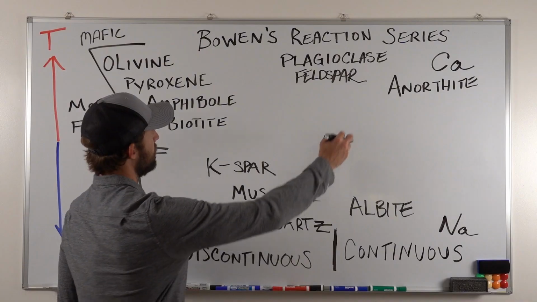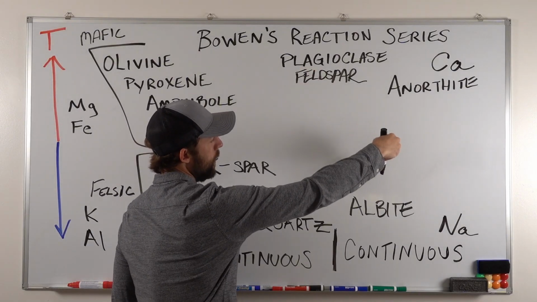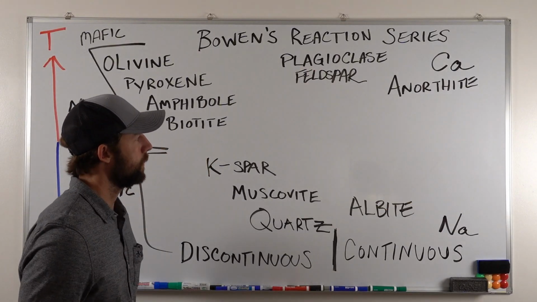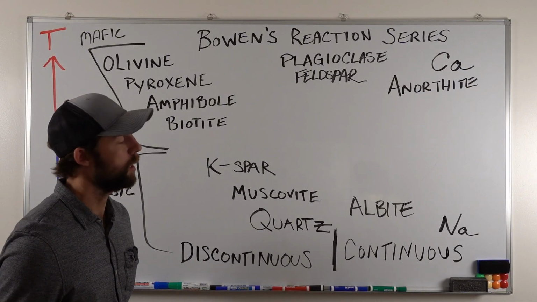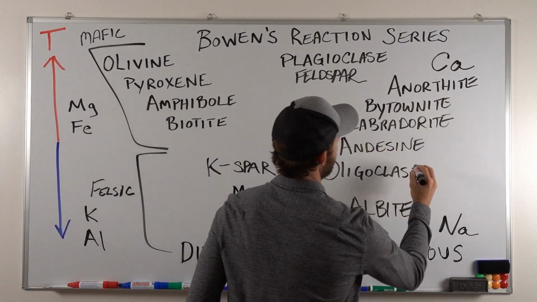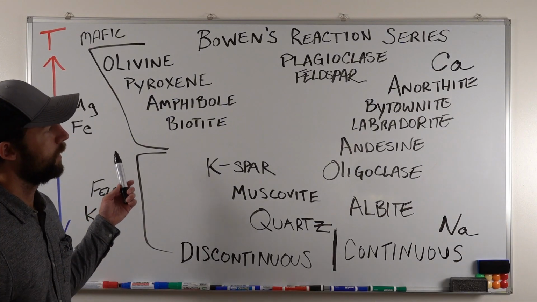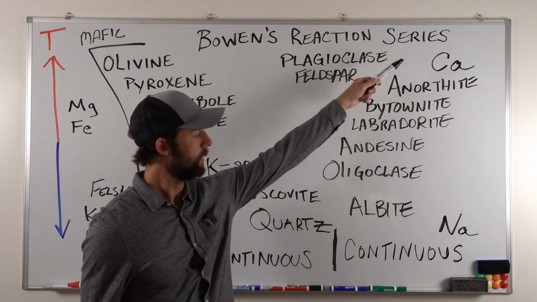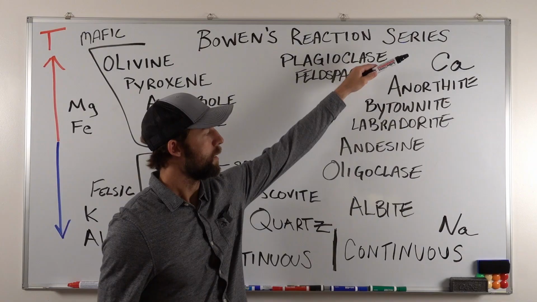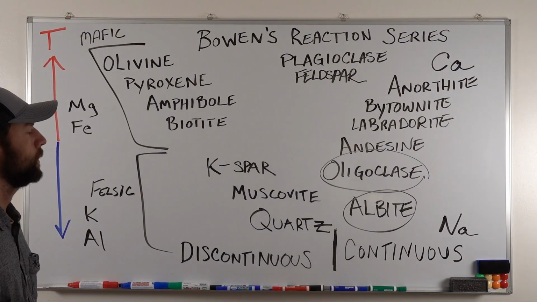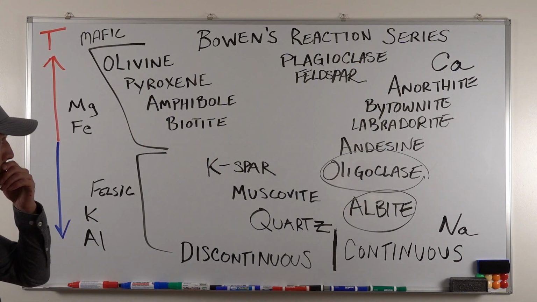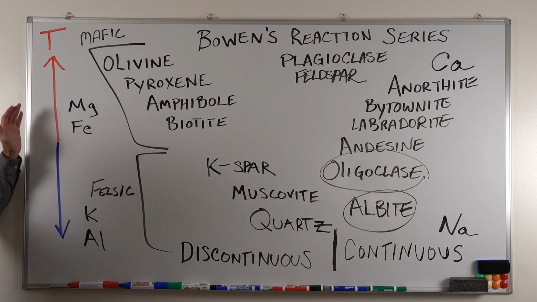There's a bunch of plagioclase feldspars in between here. I'll write them. You don't have to memorize them. There's this whole spectrum ranging from calcium rich to sodium rich, deep earth, shallow earth. That's the whole series if you want to know it. Igneous rocks, this is it.